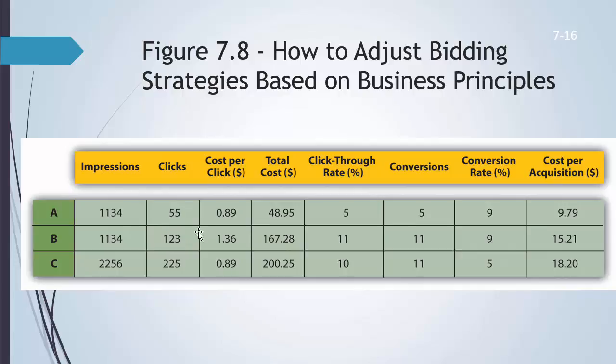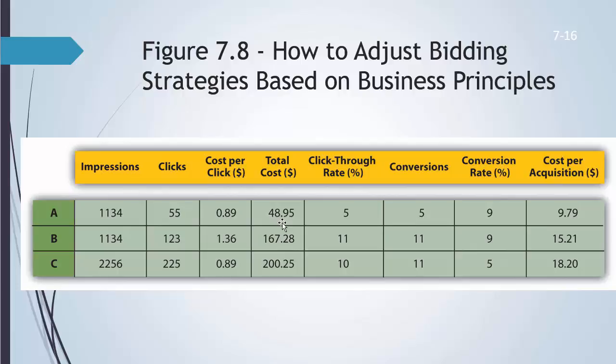This is what they're willing to pay. Then notice what the total cost is. They've got this number of impressions, which is how many times the ad was displayed, and then they have what they paid for it and what their total cost is.